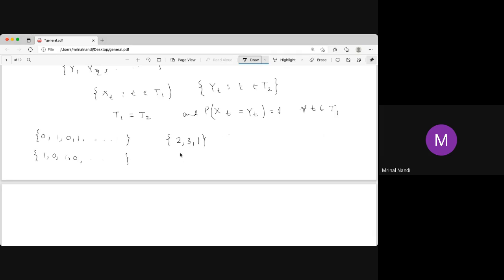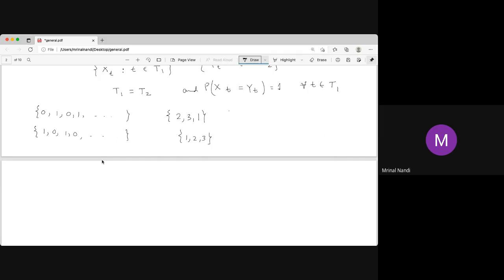Yes, they are equal. But as sequences, these two are not equal. So that means there is an ordering in the set.